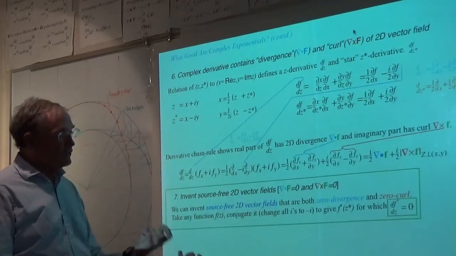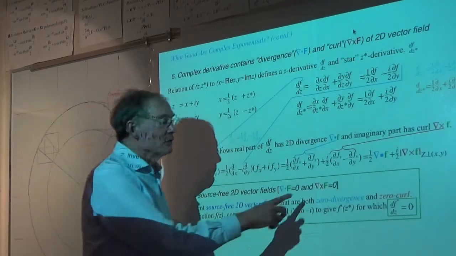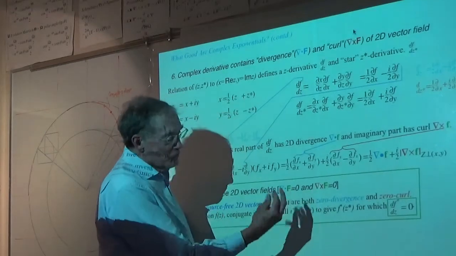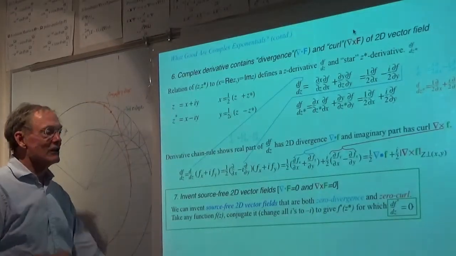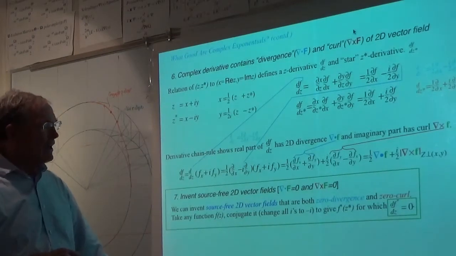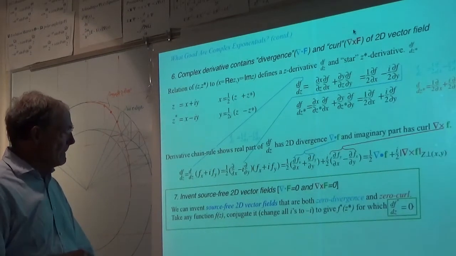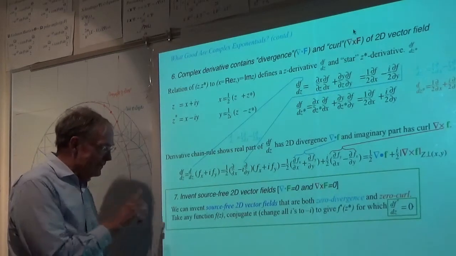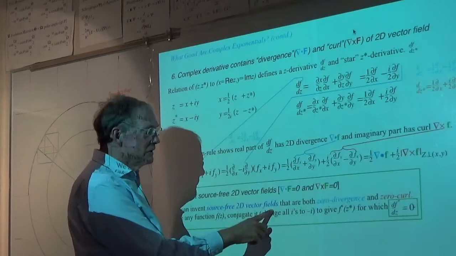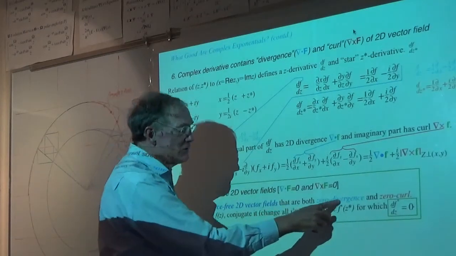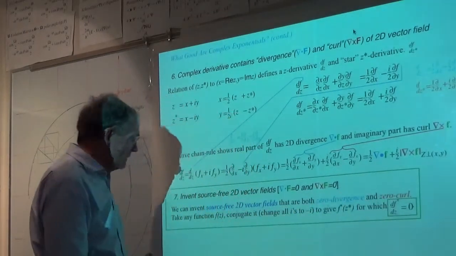That means there's no scalar source, and no curl. That means there's no torquing or circulation in the field. And the way you do that is you say, we can invent a source-free 2D vector field that has both zero divergence and zero curl.